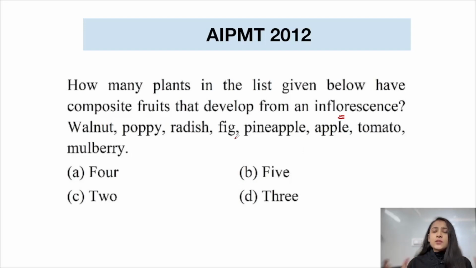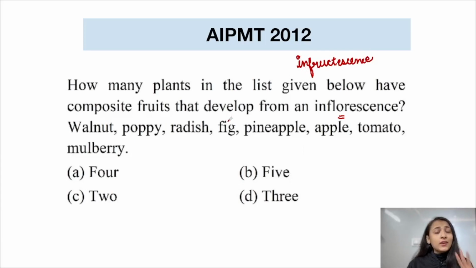Okay, so what is an inflorescence? An inflorescence is a collection of flowers. So all of the flowers in the inflorescence are involved in the formation of a fruit in case of composite fruits. That is why composite fruits are also known as infructescence, because the entire inflorescence is involved in the formation of composite fruits.